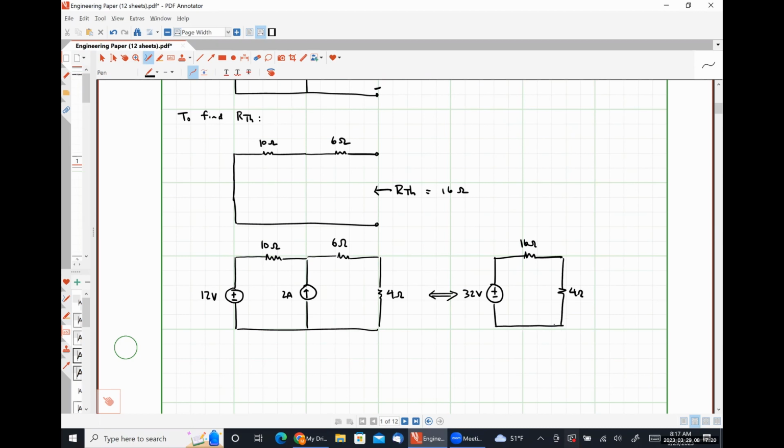These two circuits are electrically equivalent from the perspective of the 4 ohm resistor.